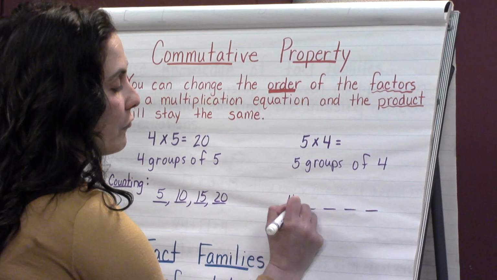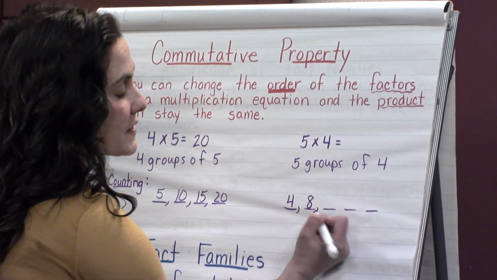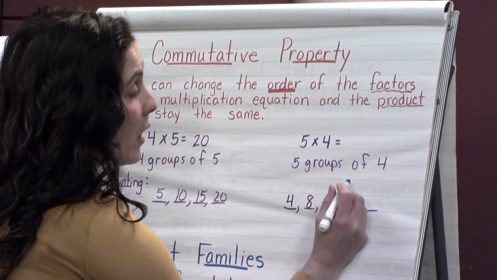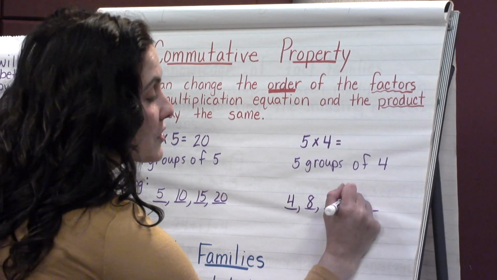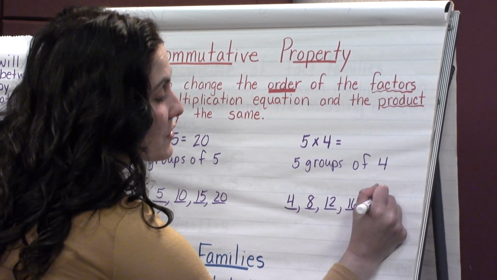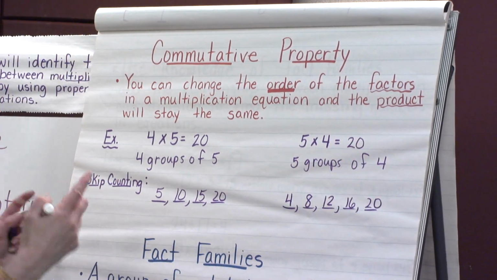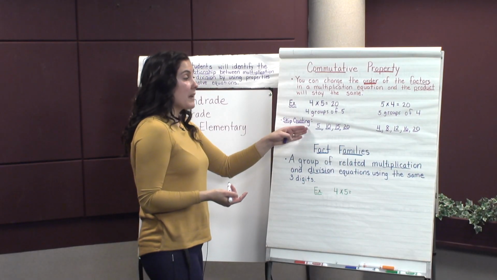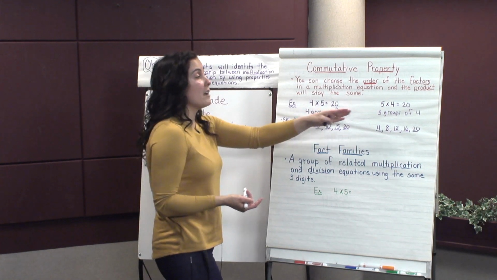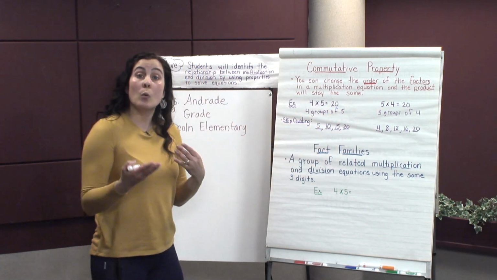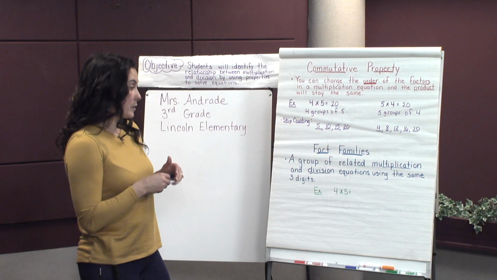And I'm going to count by 4s. 4 plus 4 is 8, plus 4 is 12, plus 4 is 16, plus 4 is 20. So it didn't make a difference, boys and girls, which way I went. Skip counting 4 groups of 5 or 5 groups of 4. The order didn't change my final answer.